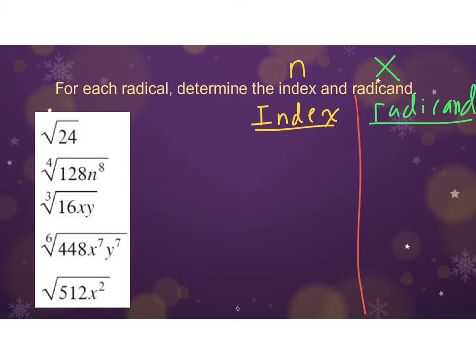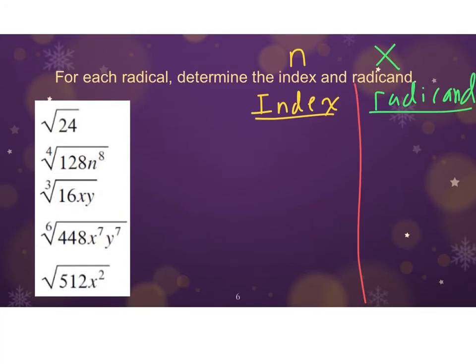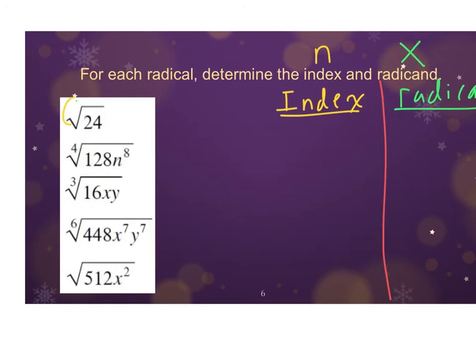So remember, like I stated previously, the index is the number that is located right here. So if there is no number, we assume it is a 2. So for our first example here, our index is a 2, and the radicand is 24.